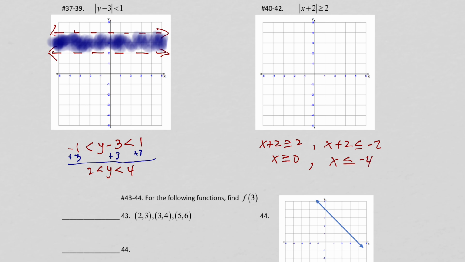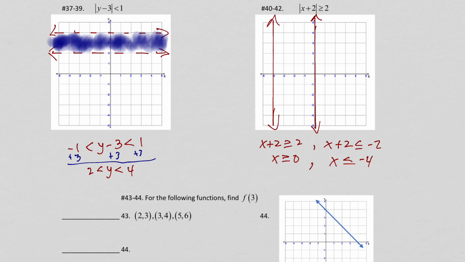So these are vertical lines, and they're going to be solid because of the equals, and we're doing one vertical line at negative 4 and one at 0. So a solid vertical line at negative 4, a solid vertical line at 0. Put arrows on either side.